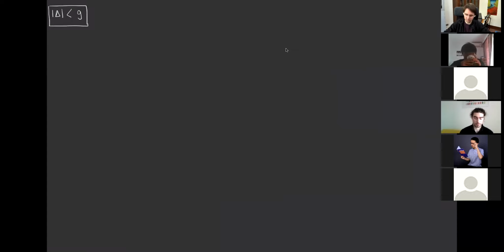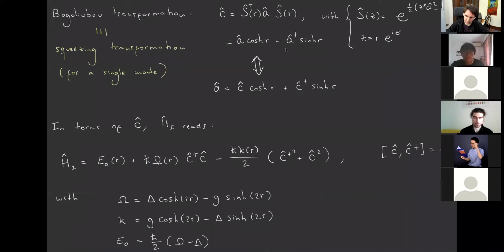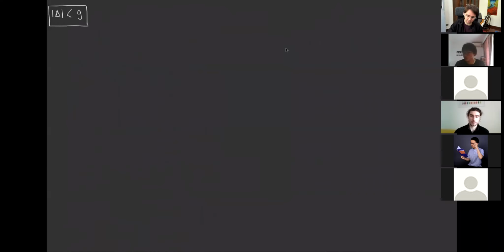So as I said, if we look at the form of the Hamiltonian, in this case, we cannot choose R such that kappa is equal to 0, okay? But because omega is a complementary combination, the best we can do to simplify the Hamiltonian is choosing omega equals 0. So in particular, now the best simplification of the Hamiltonian happens when we choose the opposite combination.